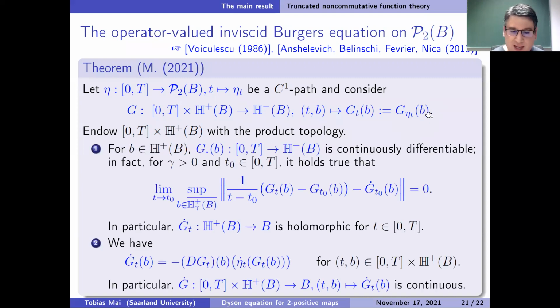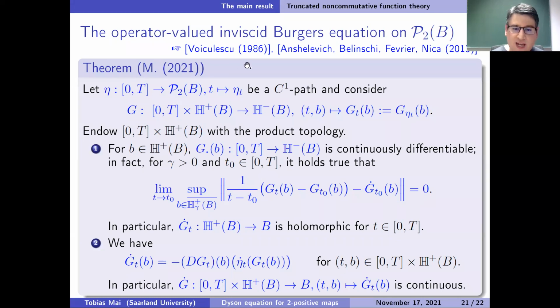Again, we obtain a joint continuity of this function, also a joint continuity for the derivative. And what is interesting is that the time derivative of this function satisfies this equation here. And this is what we call the operator valued implicit Burger's equation.